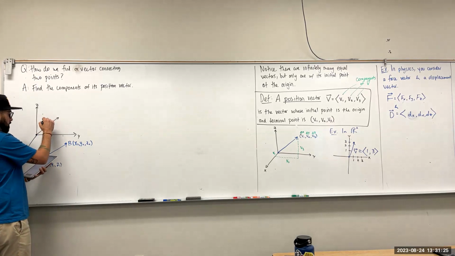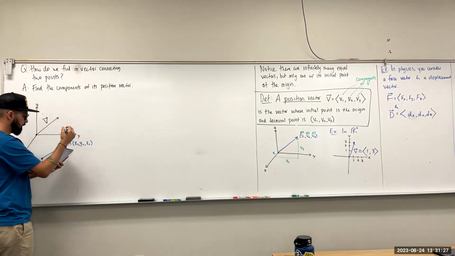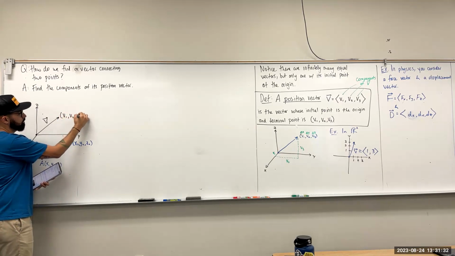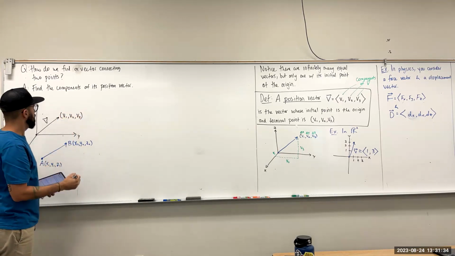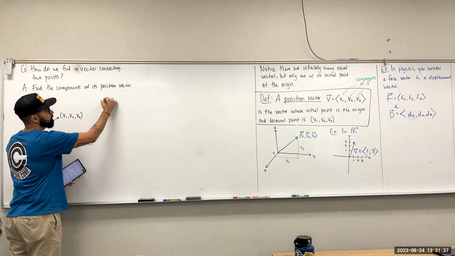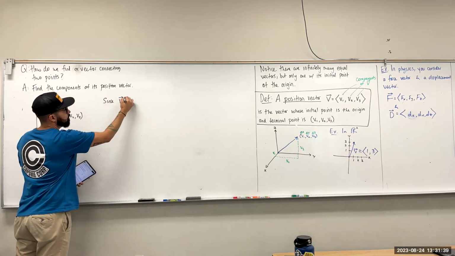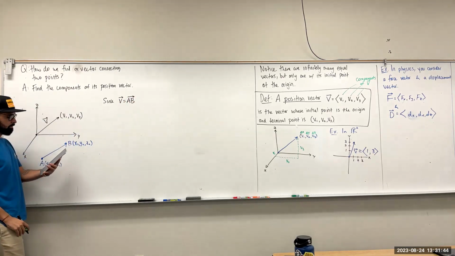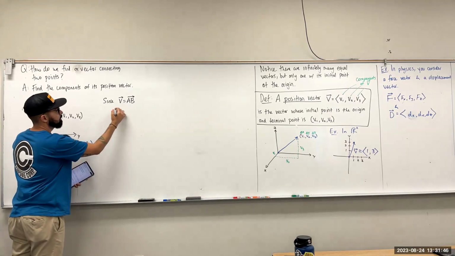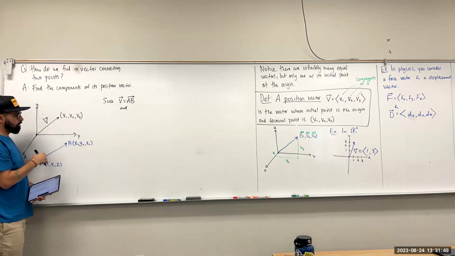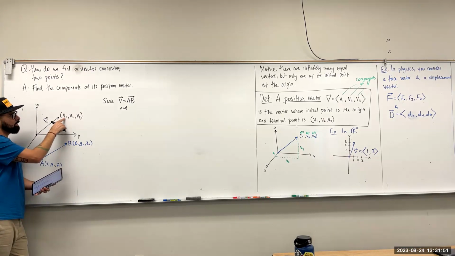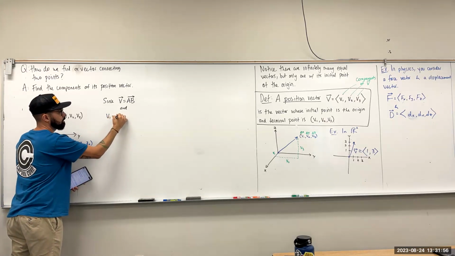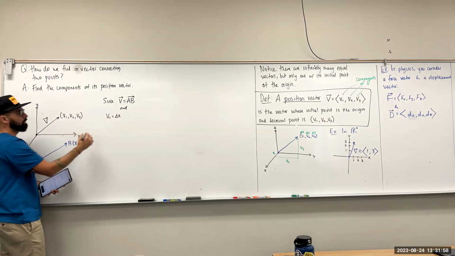So this is my position vector here. But this one ends up at v1, v2, v3. Since these 2 vectors, by definition, have the same magnitude and direction, they're equal. And since they're equal, v1 is telling me how much change happens in x to go from initial to terminal.